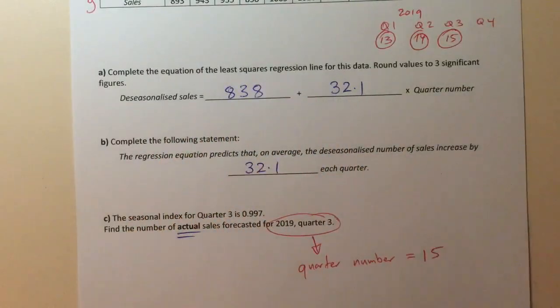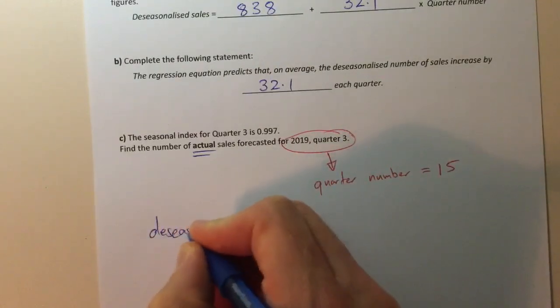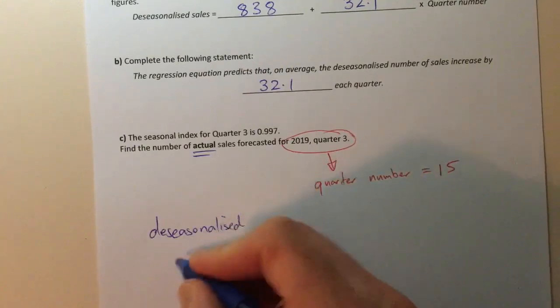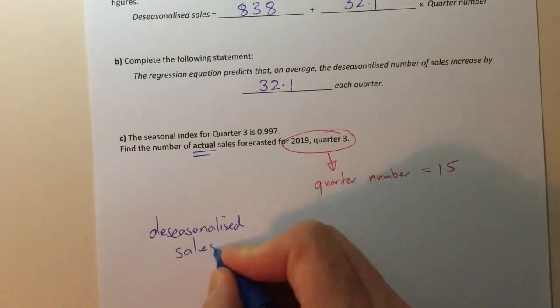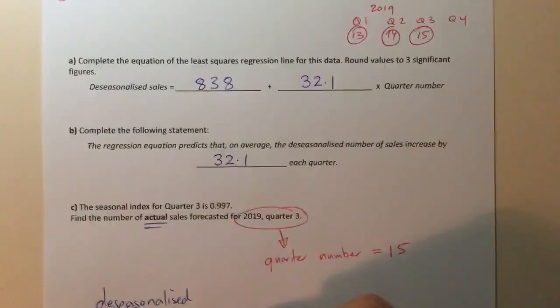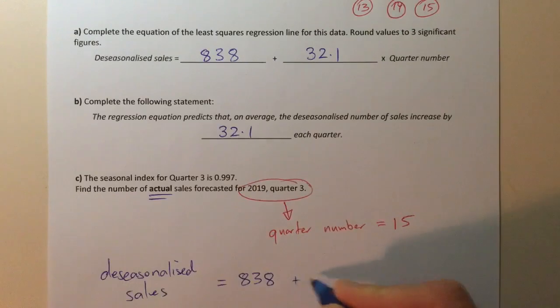So we're going to say, using the equation, the deseasonalized sales would equal 838 plus 32.1 times 15.